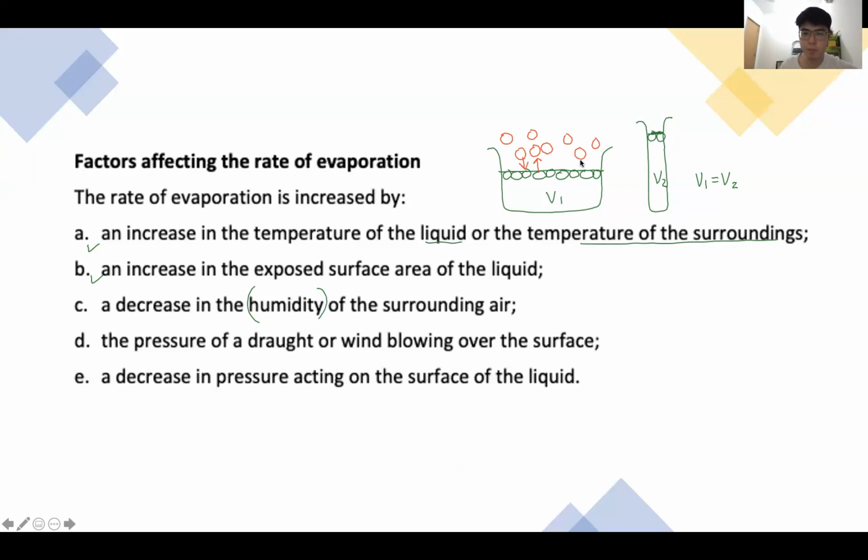All these water droplets have a tendency to drop and come back to the liquid. So you have particles trying to evaporate, but the surrounding moisture makes them come back to the liquid. So it slows down the evaporation process.